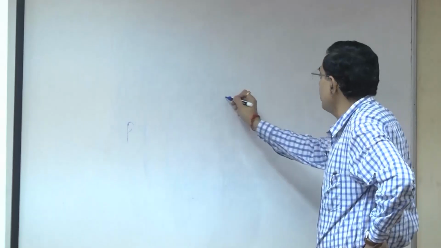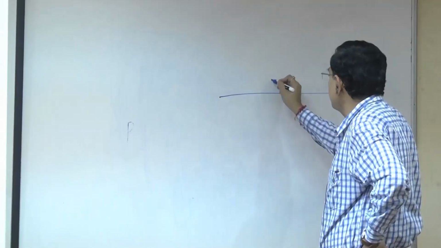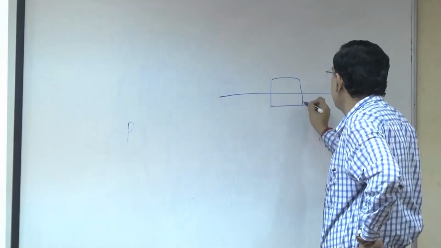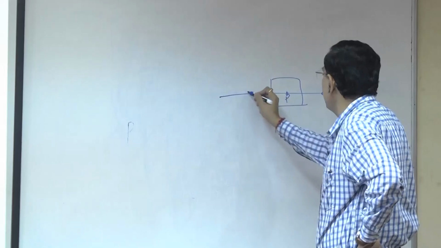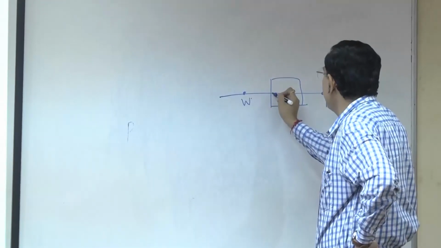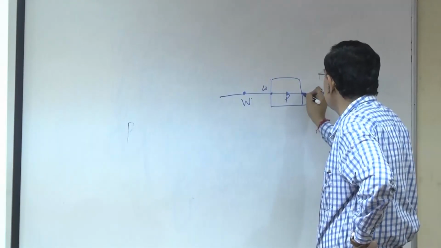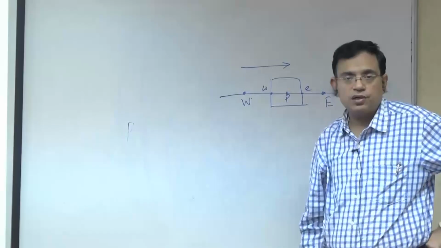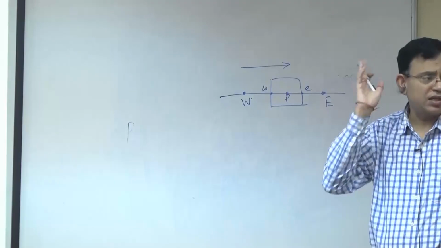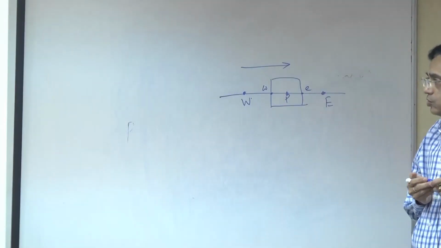So, let us say you have this one dimensional scenario, you have the capital P, then you have capital E and capital W, and this is your small w, this is your small e, and you have a say high speed unidirectional flow like this. This is the physical scenario we are thinking about.